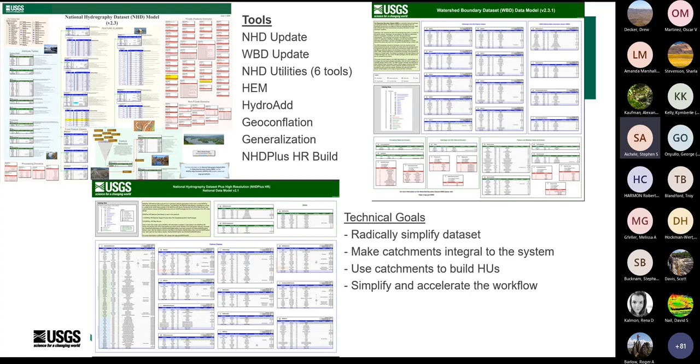And through this whole process, we want to simplify and accelerate the workflow to get new data represented in the finished product. In the pre-existing system, if a change was made in the NHD, the refresh cycle is about 5 years to get that out in the NHD Plus high res, and that's just not acceptable in this day and age. But that's a symptom of the complexity of the systems we built and the network that's out there.